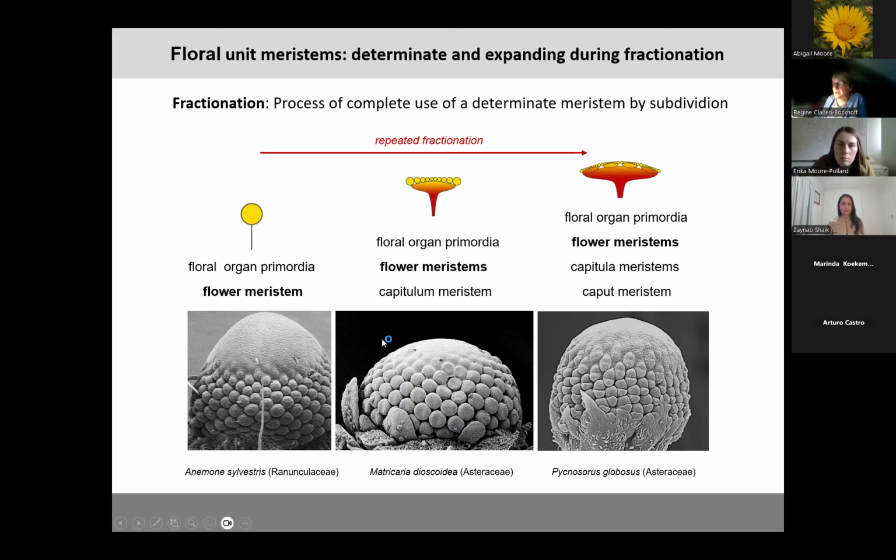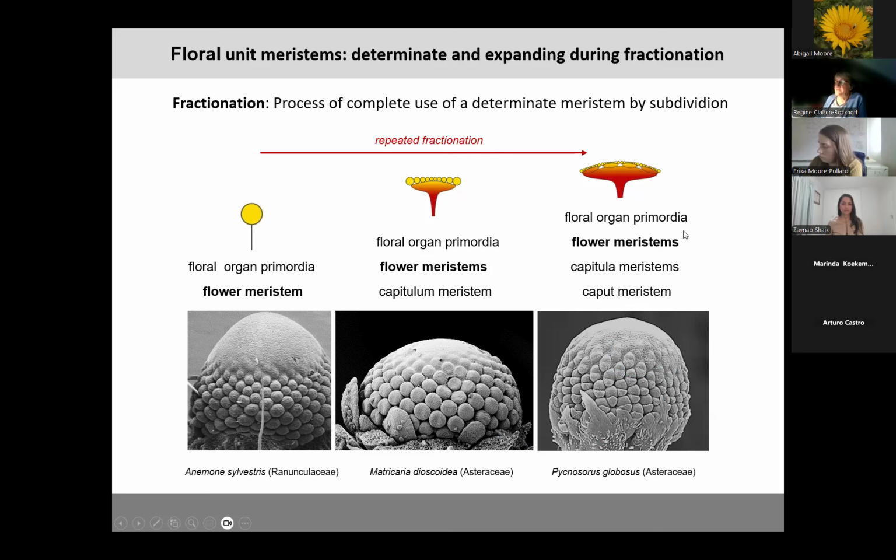So these three units differ in the number of fractionation steps and share most of the morphological and developmental characters, and as far as known, they also share epigenetic and genetic regulation mechanisms. We call this complex unit a caput meristem, to distinguish it from an inflorescence meristem.